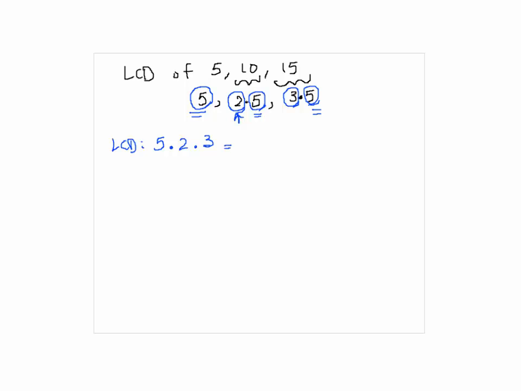We have one group of 3 here and none in the others, so you pick this 3. So this is how you pick the numbers for finding the LCD. That would be 2 times 5 is equal to 10, and then 10 times 3 would be equal to 30. Kevin, do you see how to find the LCD?